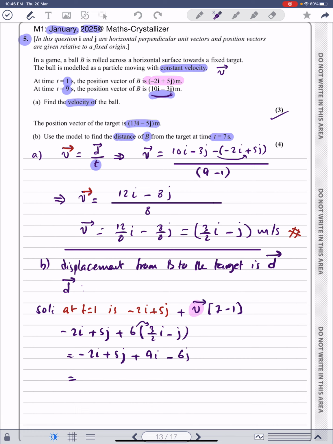So this will give us negative 2i plus 5j plus 9i minus 6j. Let me write this in detail for you. So this is the initial vector, and the result is 7i minus j. This is the final vector here. I will do it in a different color as well. So the vector D is what, on the next page?